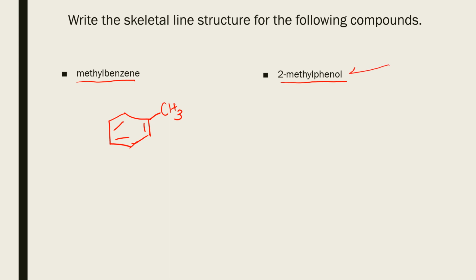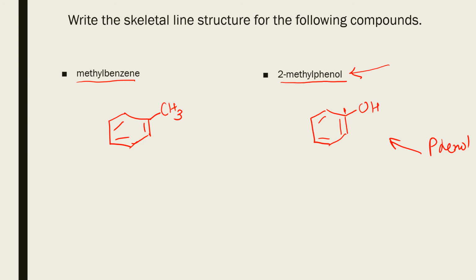The second example is 2-methylphenol. So in this case, our parent aromatic hydrocarbon is phenol, and phenol contains an OH group connected to a benzene ring. So this is phenol. And when we have a phenol, the number 1 carbon is always assumed to be the one where the OH group is connected or linked.